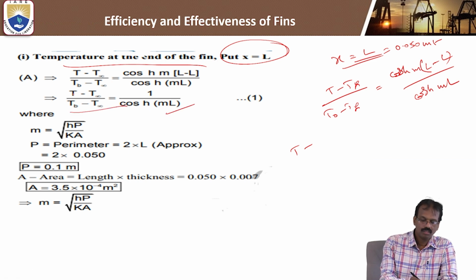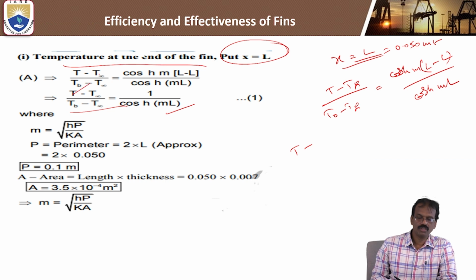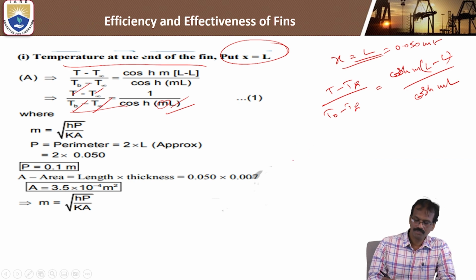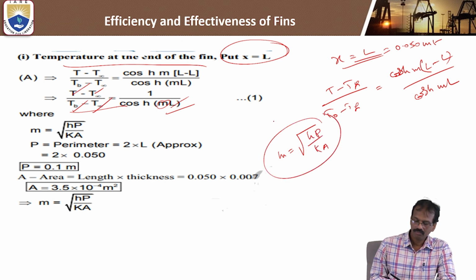Then here we don't know T, we have to find out this one. T infinity we know, T naught we know, L also you know. You have to find out the m value. What is the value of m? m square is equal to hP by kA, you know that one. Then m is equal to square root of hP by kA. So you have to find this value. Okay.